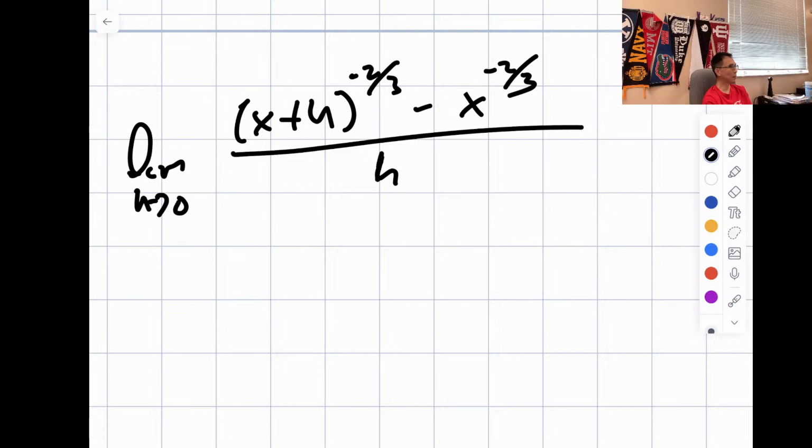No. Negative infinity? No. No. Negative 5. Armin? Negative 2 over 3x to the power of... Yes. Yeah. Then why didn't you tell me?